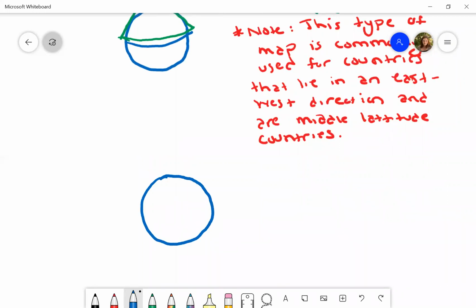Okay. The last type of map that we'll see is a projection onto a plane. So if I had the ability to put a plane right here, and we project the information from the Earth onto that plane, that's called a plane projection.